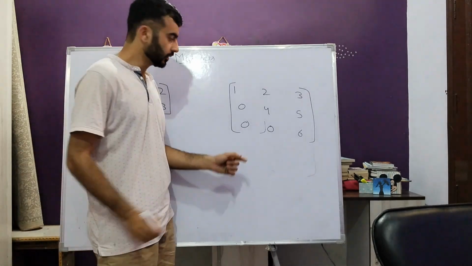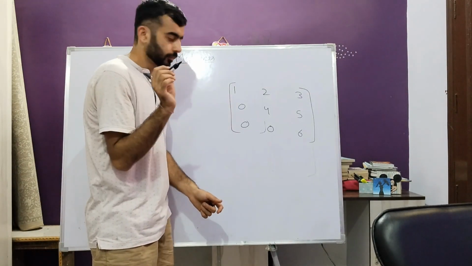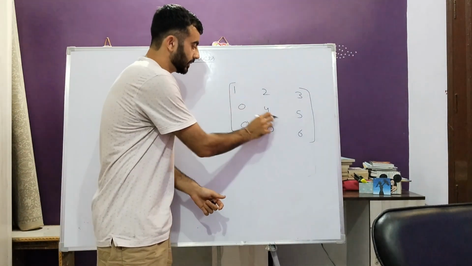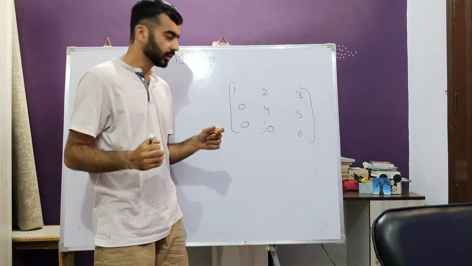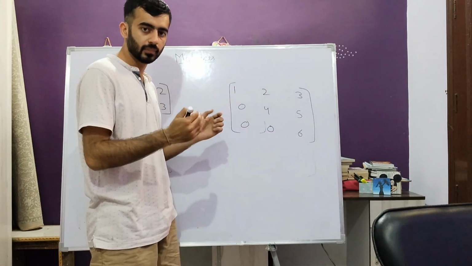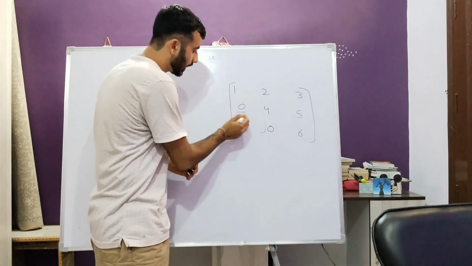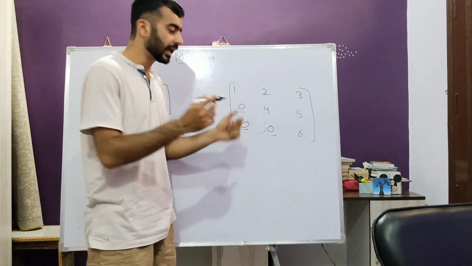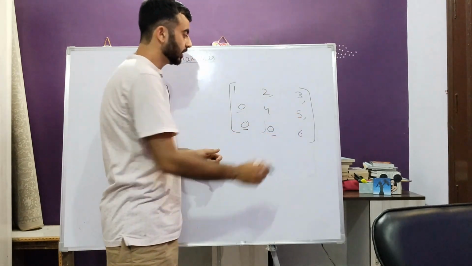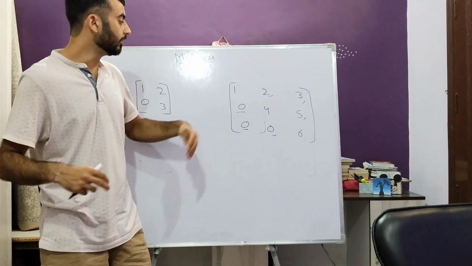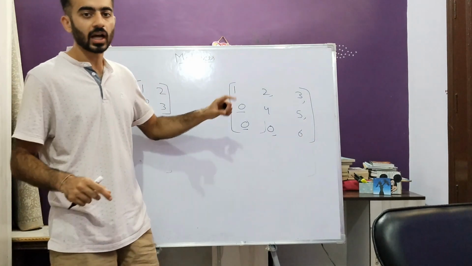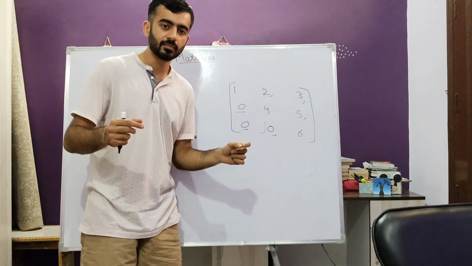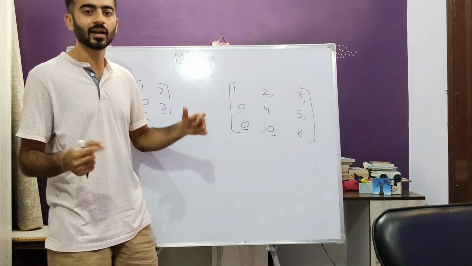So in this matrix, please notice the diagonal elements 1, 4 and 6. The elements below the diagonal elements are 0, 0, 0. And the elements above the diagonal elements are 2, 3, 5. So the elements above the diagonal are non-zero, whereas the elements below the diagonal are 0.